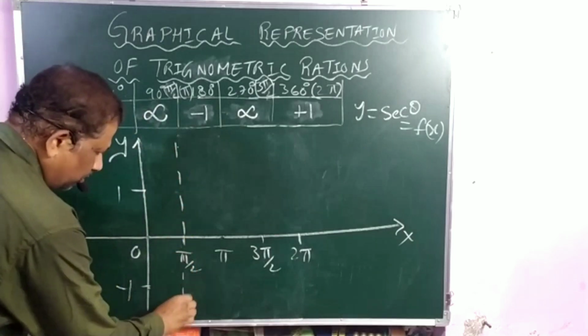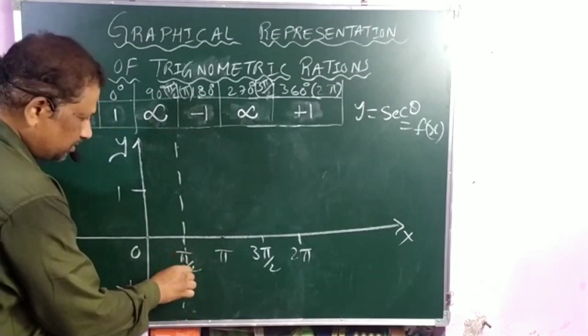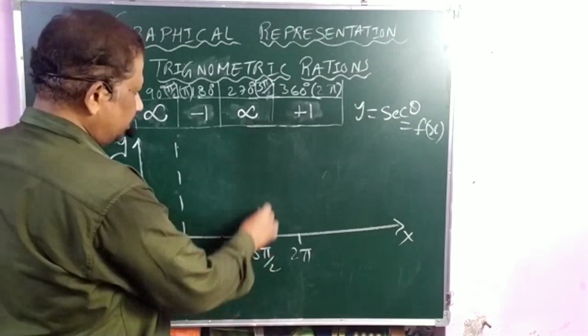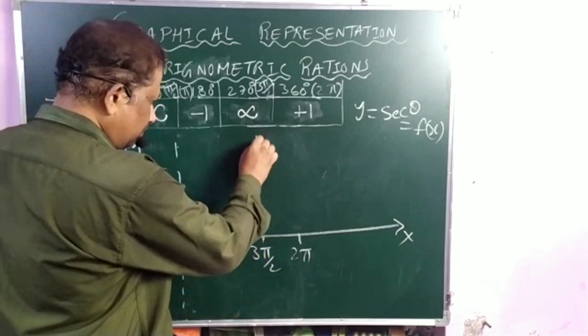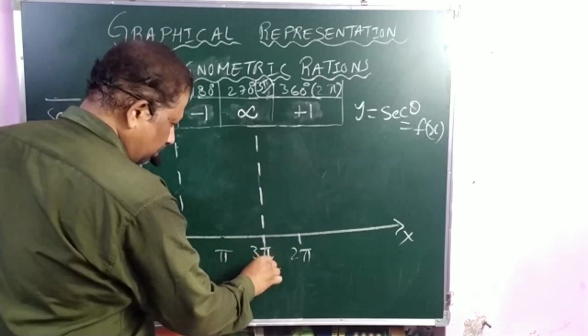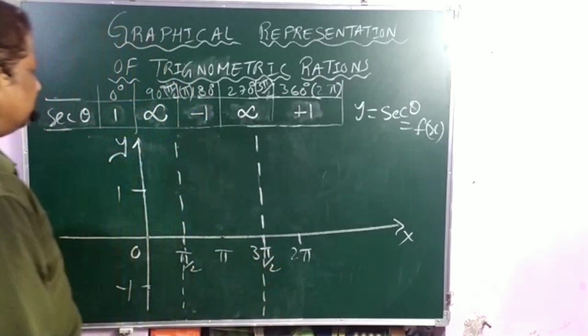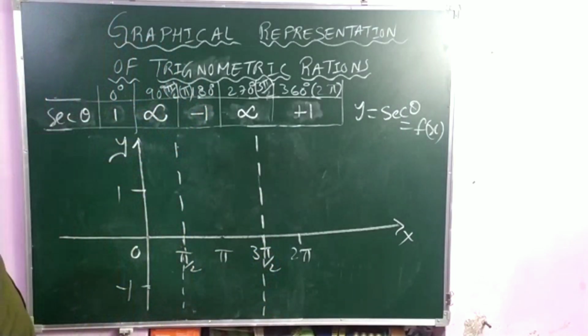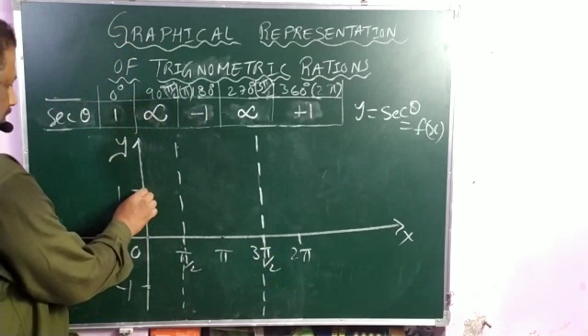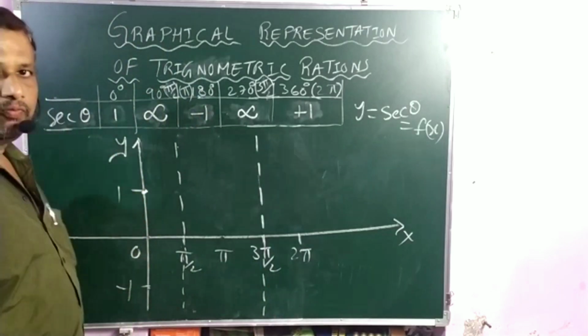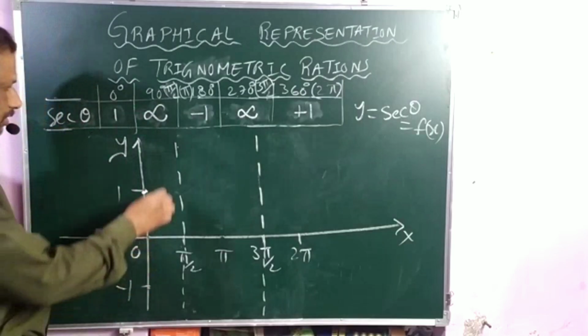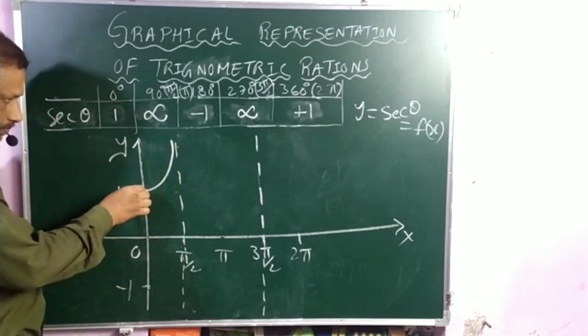There you draw a dotted line at 90, and at 270 degrees also you are getting infinity. Here also you draw a dotted line. So now carefully observe. Secant 0 is 1. Next 90 degrees, it is infinity.